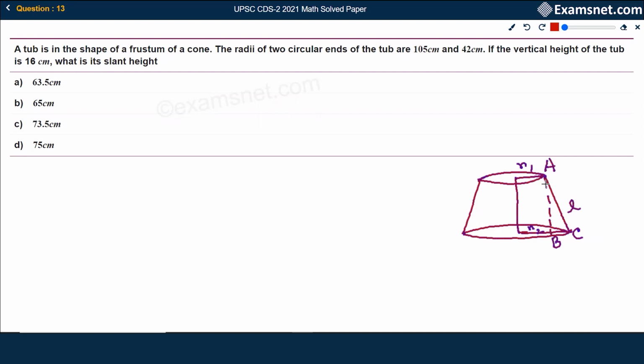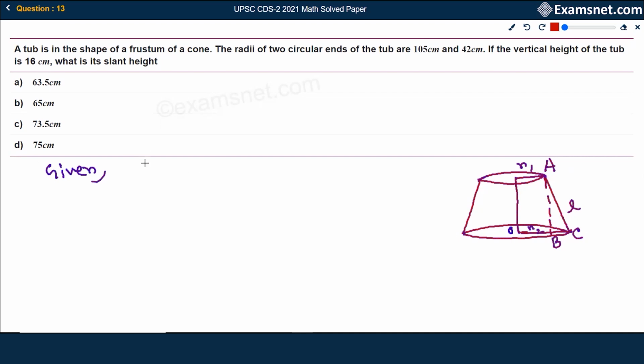R1 is the radius of the top circular end and R2 is the radius of the lower circular end. Here AB is the perpendicular, the vertical height between these two ends. So if it's OB, we can easily find the value for BC.